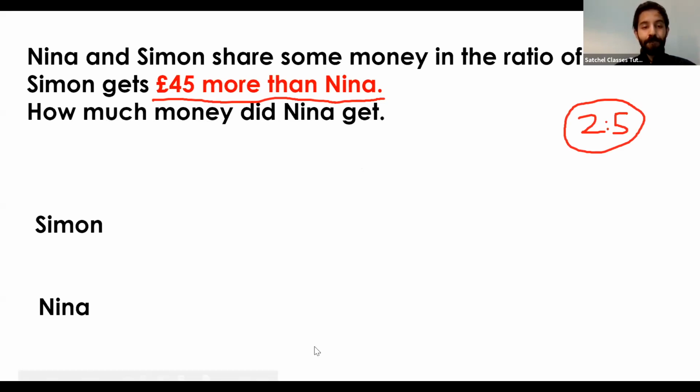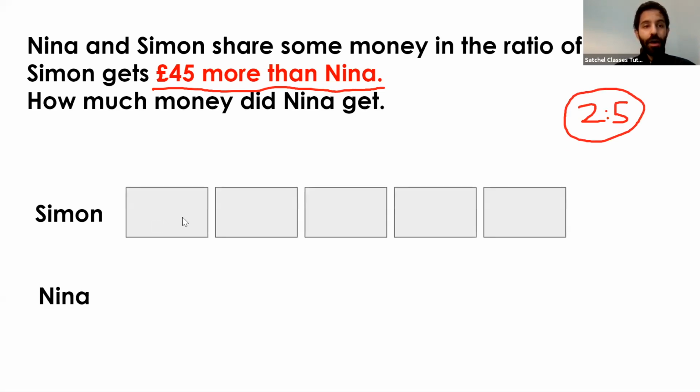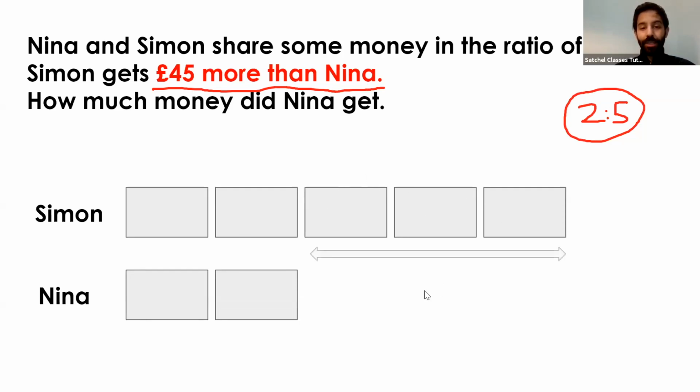Again here, we need to draw how many parts each of them got, and I'm going to draw them underneath each other. So Simon received 5 parts, and remember, Simon corresponds with a 5, Nina with a 2, and Nina received 2 parts. Given that Simon received £45 more, we can see that the extra 3 parts represents the £45, because he got 3 parts more.